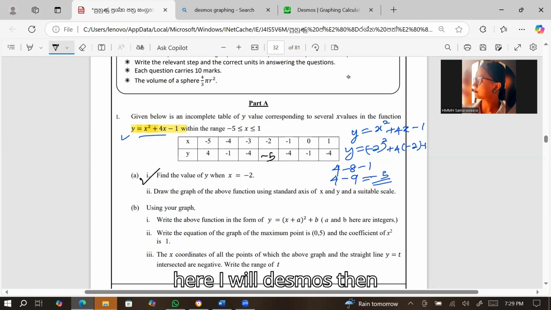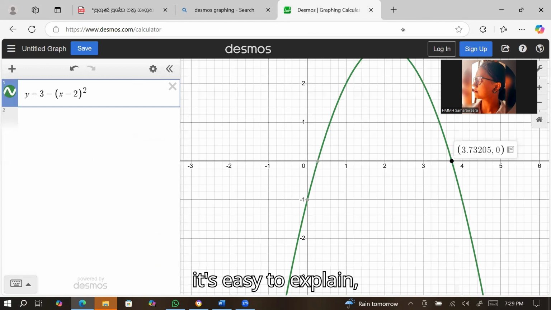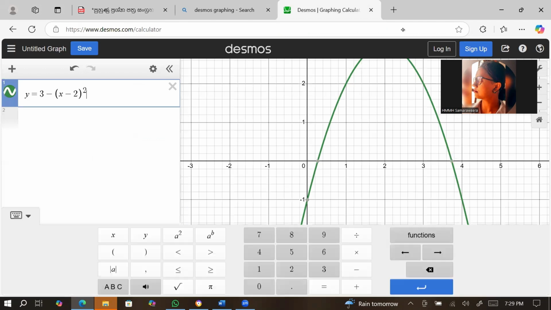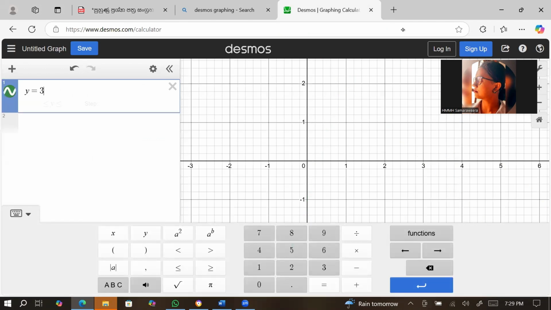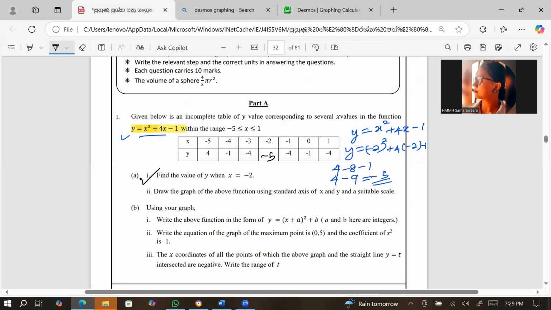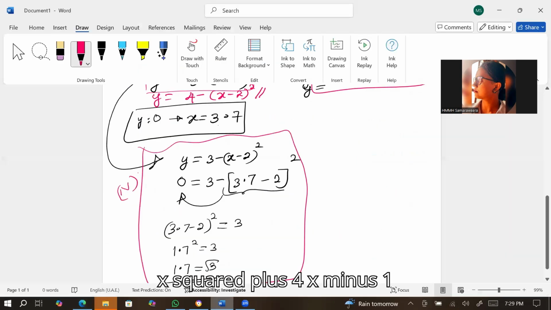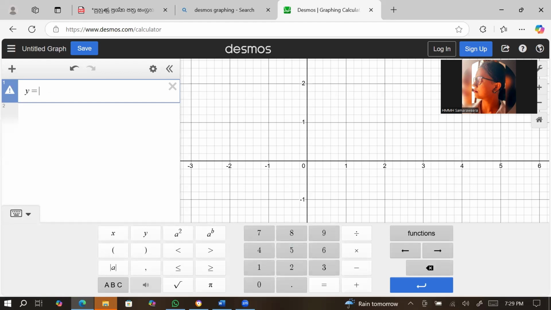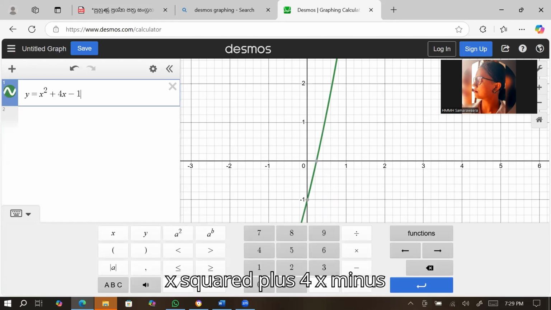So here I will dismiss, then it's easy to explain, right? y equals x squared plus 4x minus 1.